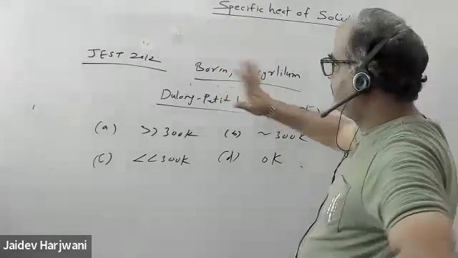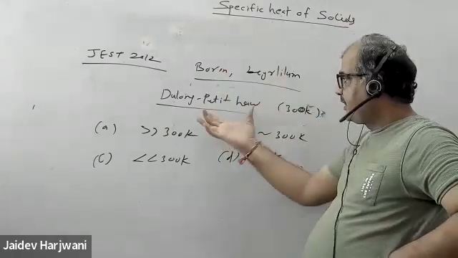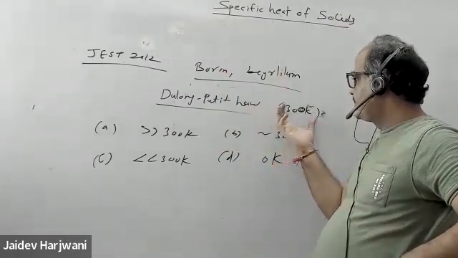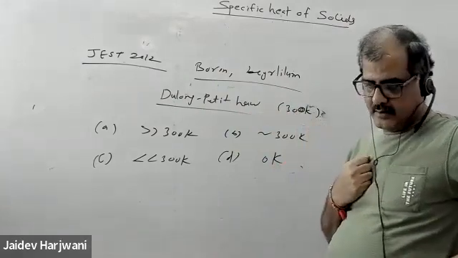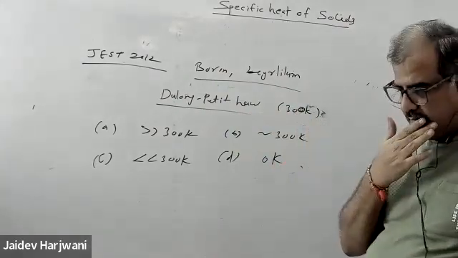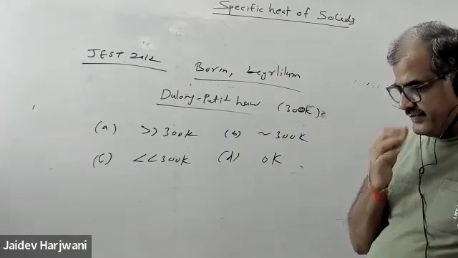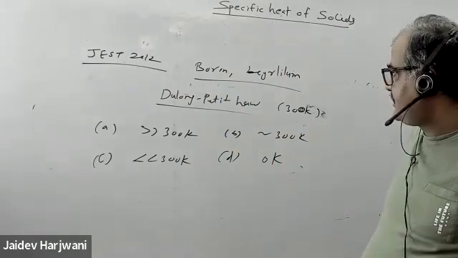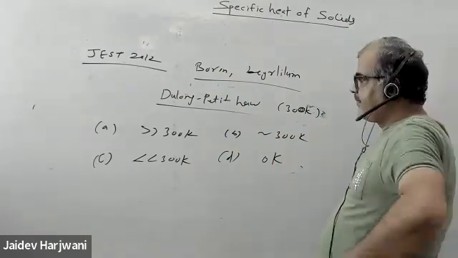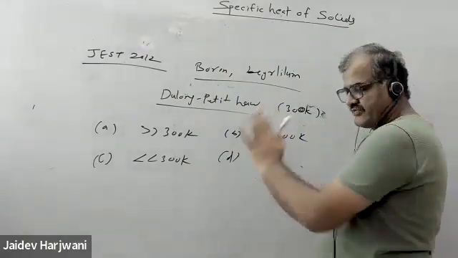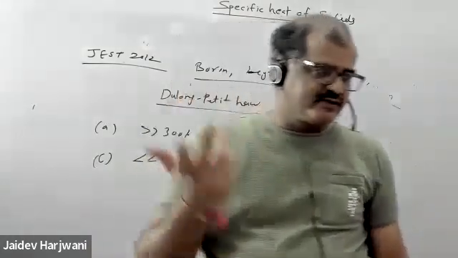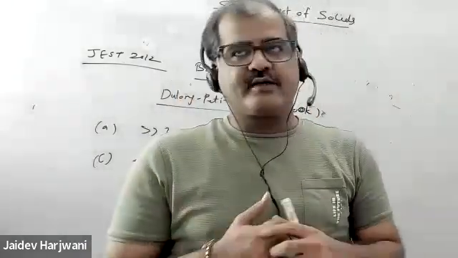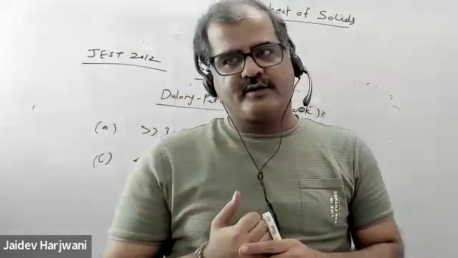These metals do not satisfy Dulong-Petit law at this temperature. Why? Because their Debye temperature will be much larger. See, in order to satisfy Dulong-Petit law, your temperature should be greater than the Debye temperature.